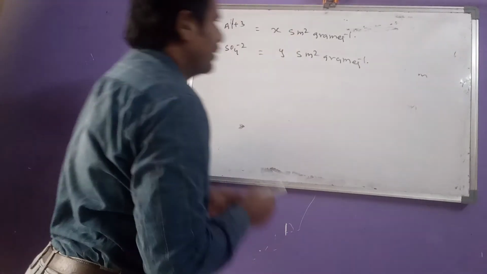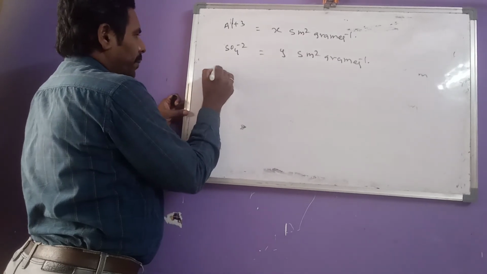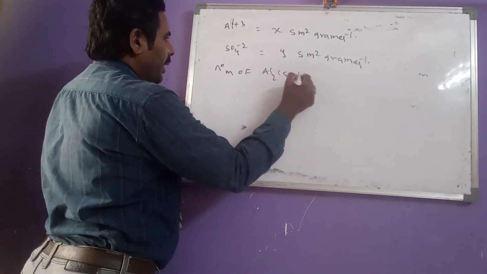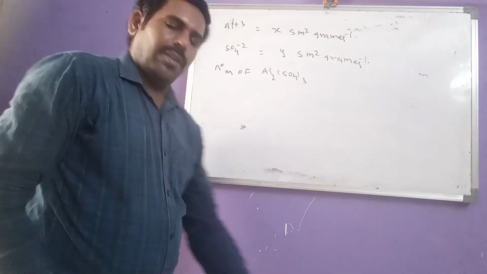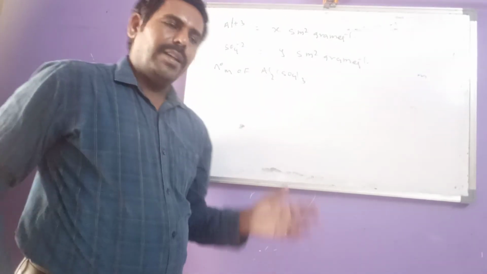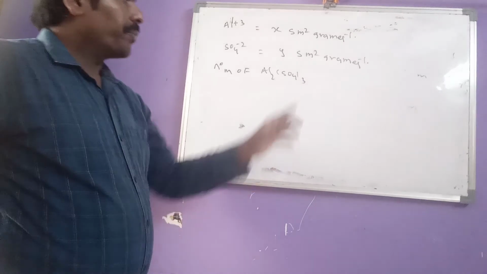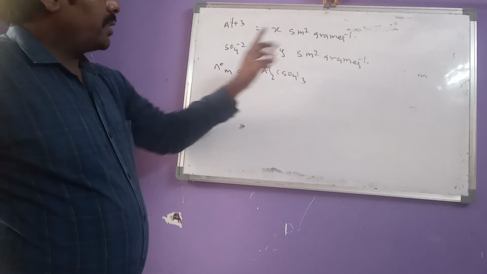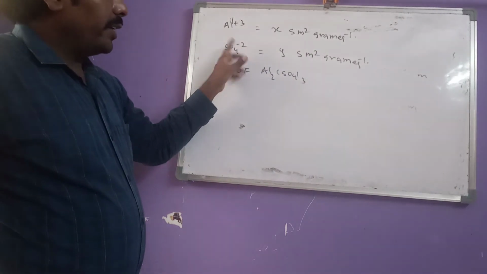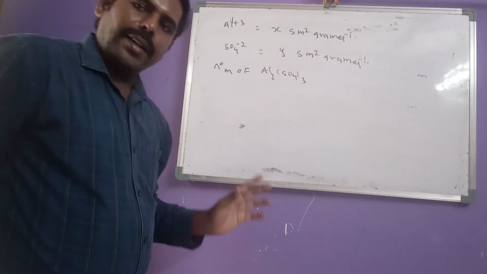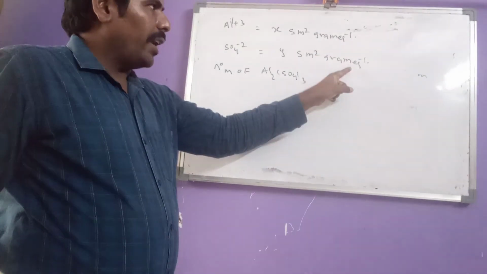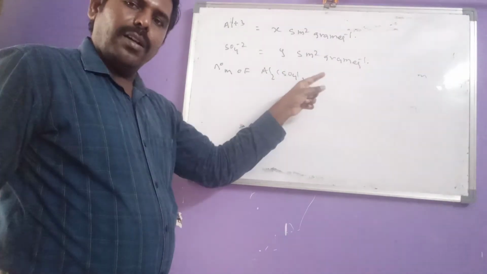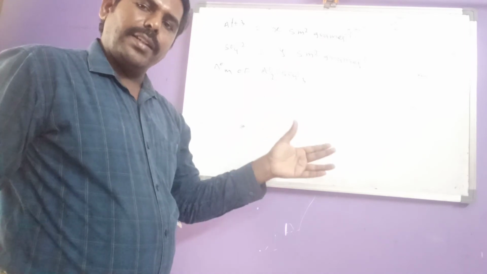Then what is the Λ naught m of Al2(SO4)3? So we have to observe what conductivities they have given, and which conductivity we need to determine. As per the units, we can assume that the given ionic conductivities are equivalent conductances, because per gram equivalent they have given. So these conductivities are nothing but equivalent conductances.